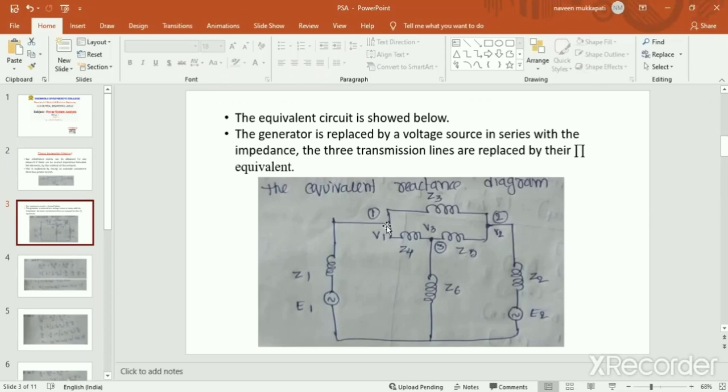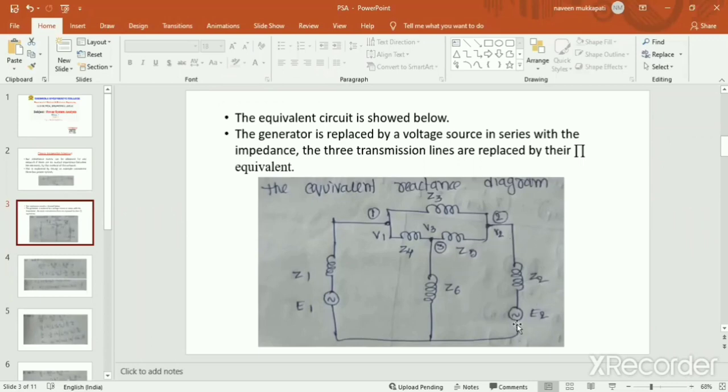One element is between bus 1 and bus 2, another between bus 1 and bus 3, and another between bus 2 and bus 3. And the generator G2 is represented by Z2 in series with E2.